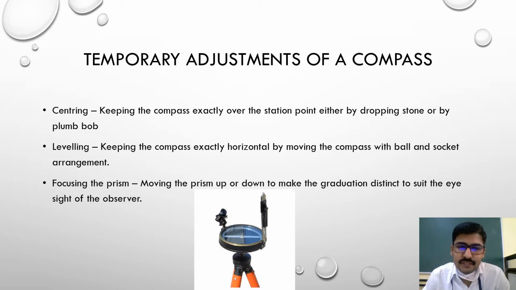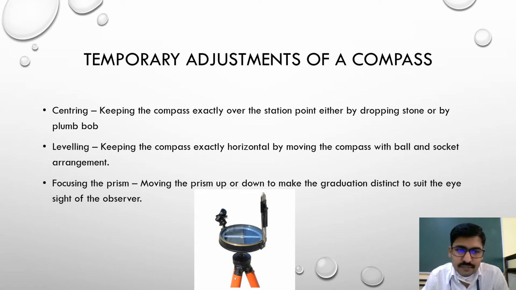Any equipment you take in surveying, there are adjustments to be made before you start using that particular equipment. If I am using a compass, before I start using it, I need to make the adjustments. In a similar way, you will find many other equipments like dumpy level, theodolite, or total station.